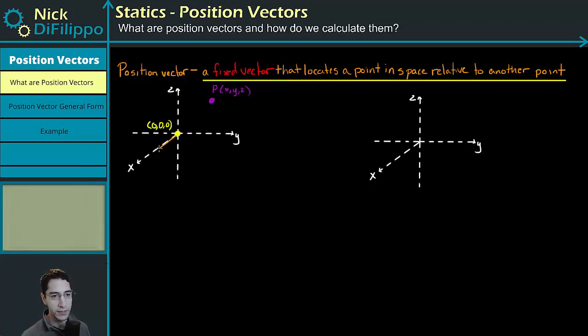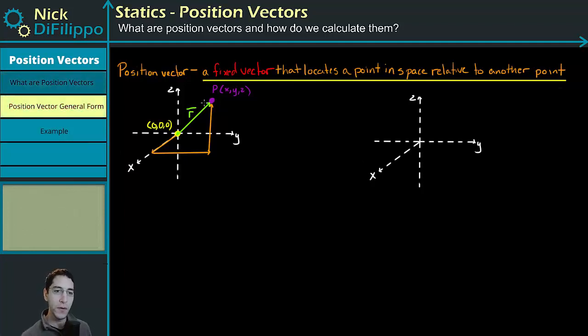So we go some distance along the x, some distance along the y, and then some distance along the z, and we can get to that point P. The position vector would be that position that relates the origin straight to point P. So that position vector, we'll call this R, is in 3D space.